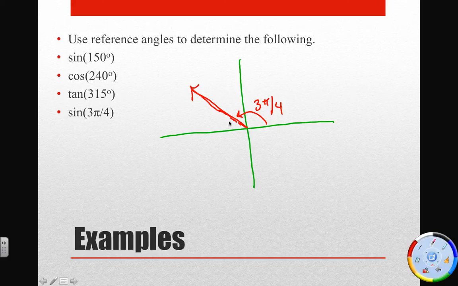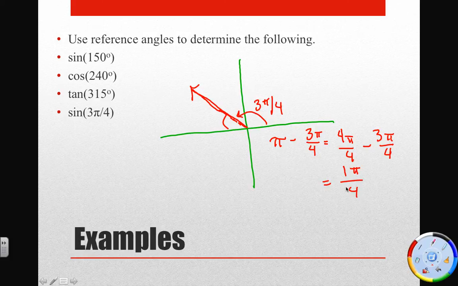Well, now here's where things get interesting, because now you have to do some math with fractions. In quadrant 2, I have to do 180 minus theta. Well, 180 is actually the same thing as pi, because we're doing things in radians. Pi minus 3 pi over 4 is the same thing as 4 pi over 4 minus 3 pi over 4, which is the same thing as 1 pi over 4.